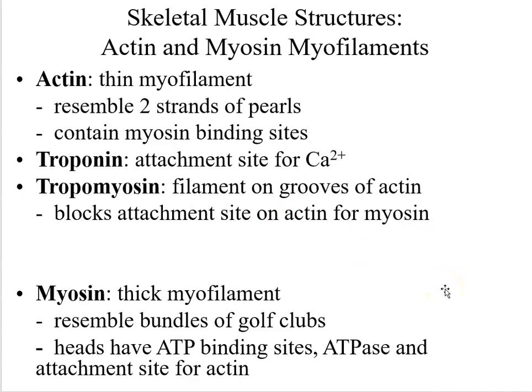The thin filament is structurally more complicated in that there are three main proteins that compose it. The major structural protein here is actin. Actin is going to resemble two strands of beads or pearls, kind of like Mardi Gras beads.